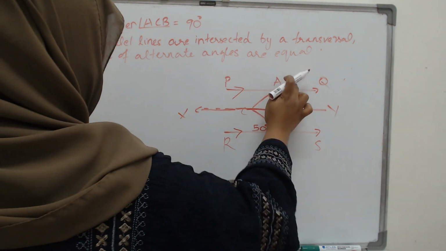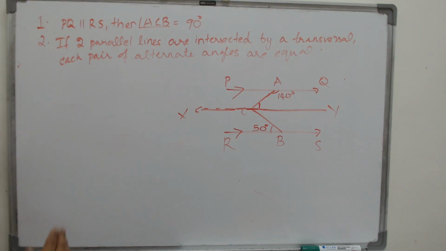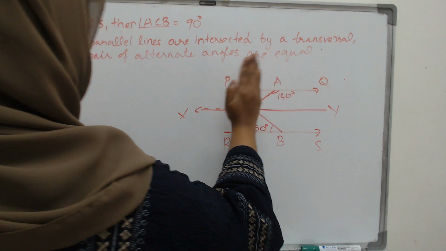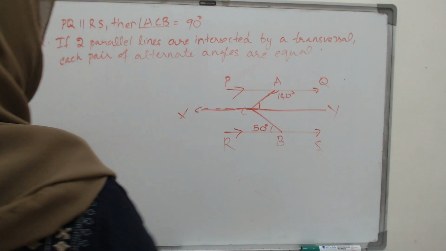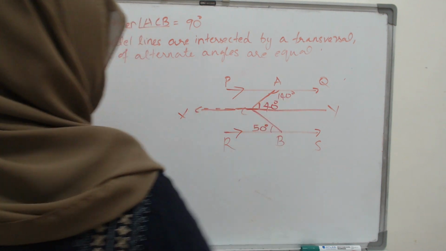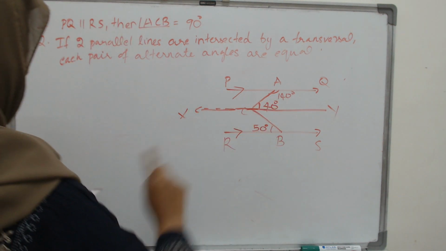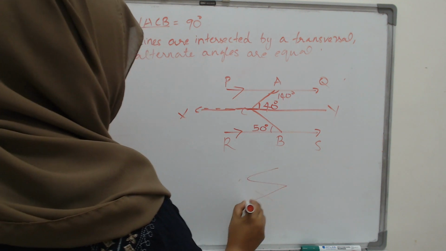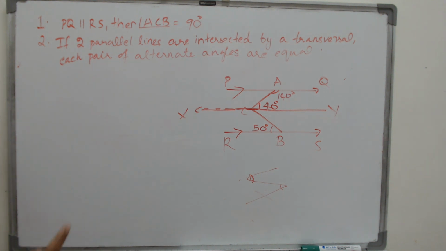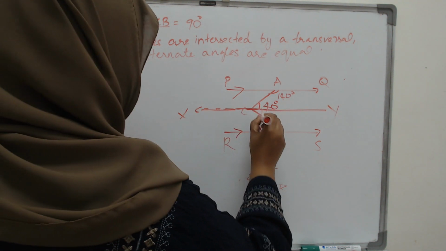If these two are parallel, then what will this angle be? It will be the interior angle on the same side of the transversal. Their sum should be 180, which means this is 40. Now consider these two parallel lines. Look at the Z. Always watch out for this. This shows alternate interior angles, which means both are equal.